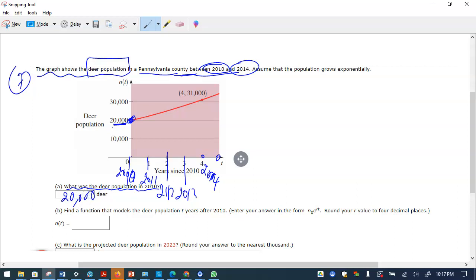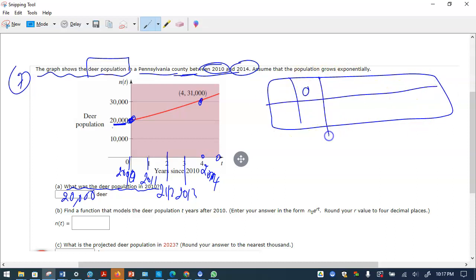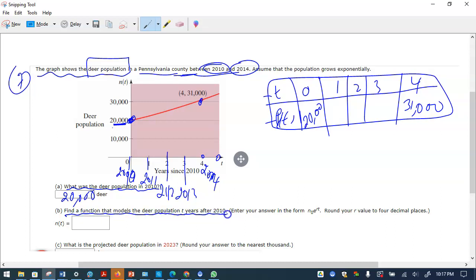But in 4 years, where t is the number of years passed and P is the population, it was 20,000 here. One, two, three, and in the fourth year the population is 31,000. So the question asks us to find the population that models the deer population t years after 2010.